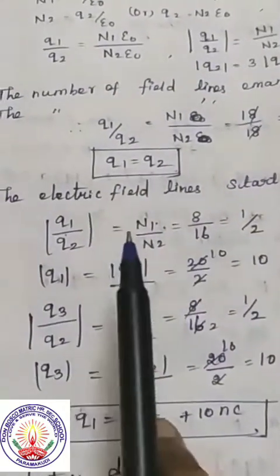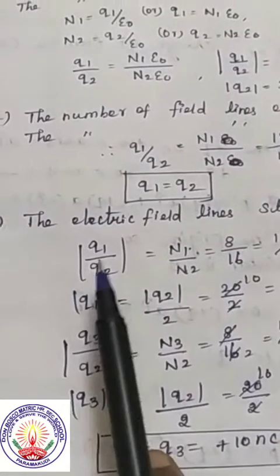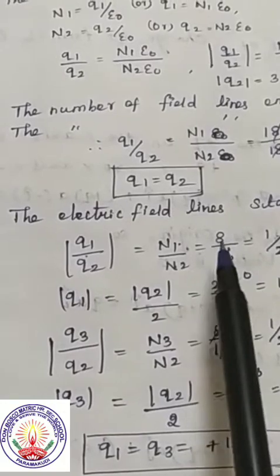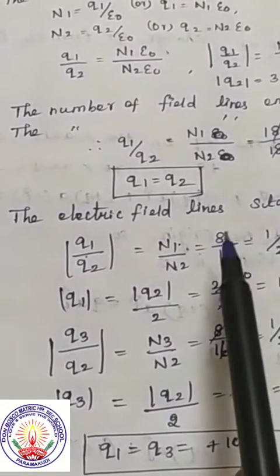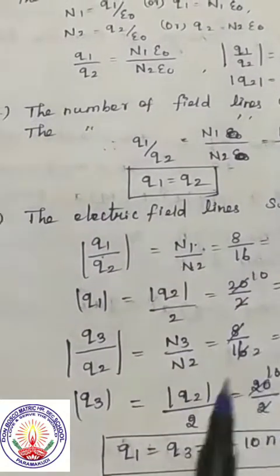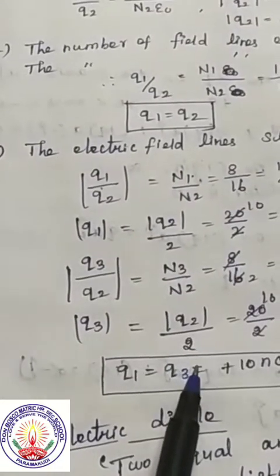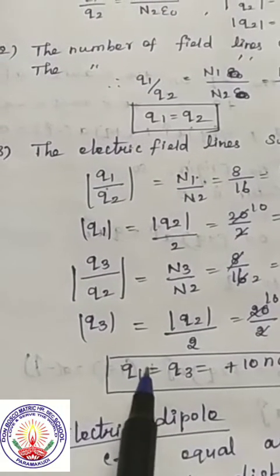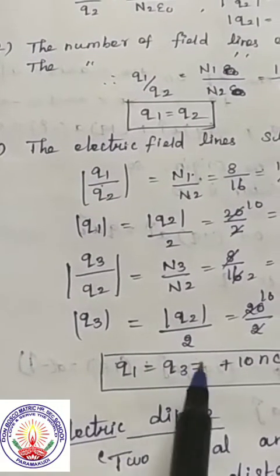Then next, third configuration, third electric field diagram. Q1, Q2 value, you count all the number of the electric field lines and substitute in this equation, then we get the answer. So Q1, Q2 value substitute, then next we have to calculate Q1 and Q3.